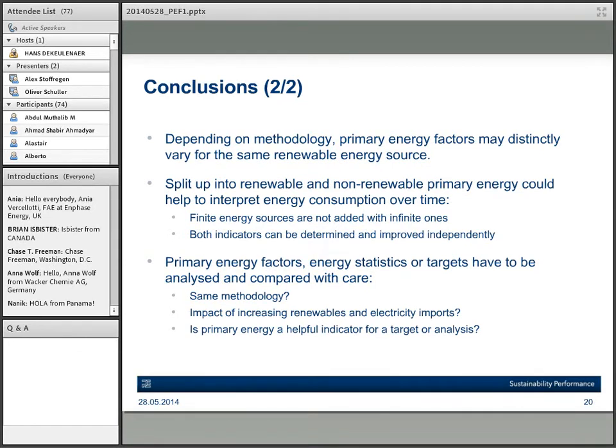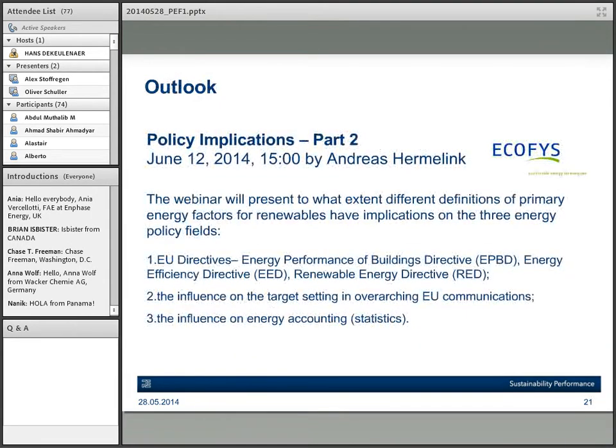So I think these are the main conclusions, and to give you an outlook for the second part, this is also what Andreas Helmling, Ecofist, will then further work on. So he will focus in some case studies on what actually happens if I apply different methodologies for primary energy factor calculation.